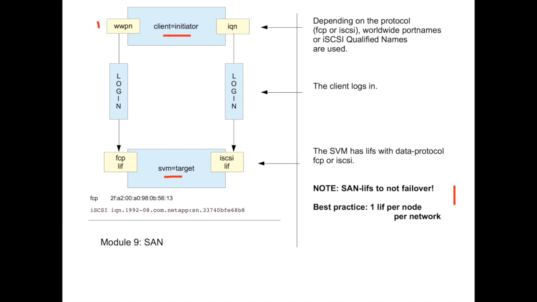So this is also why you cannot combine the NAS protocols and SAN protocols on the same LIF. So it's either an iSCSI or Fibre Channel LIF or it is a NAS LIF, so NFS or CIFS. The best practice that NetApp advises is that you have a minimum of 1 LIF per node per network.